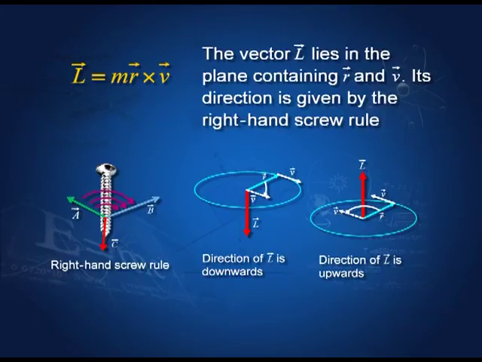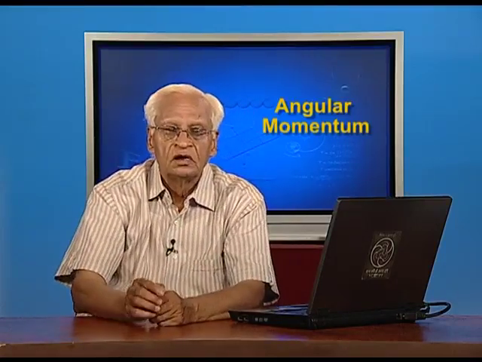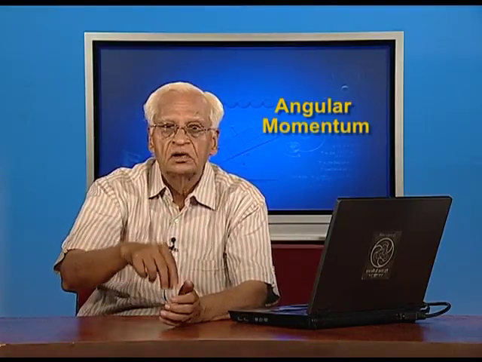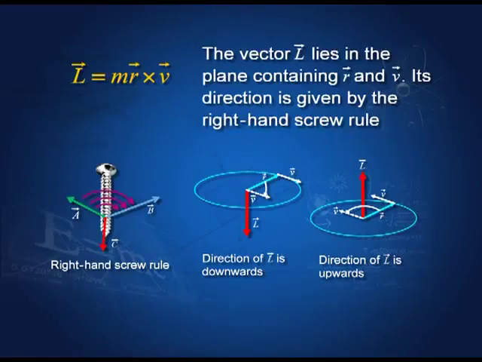If you change the direction of r or v as here, then the angular momentum vector goes out of this plane of v and r. So, with the help of this right hand screw rule, we can find out the direction of the angular momentum, which is the cross product of r and p.